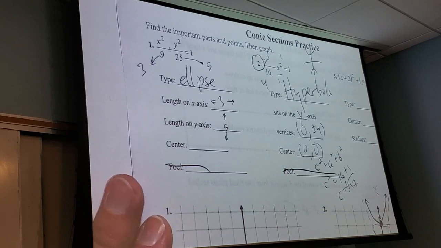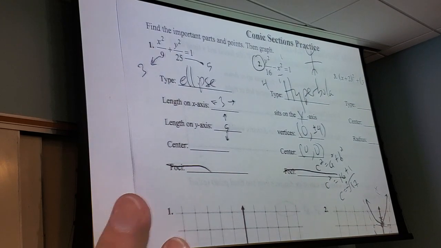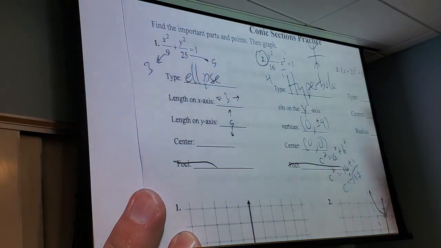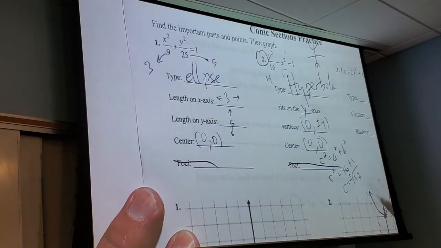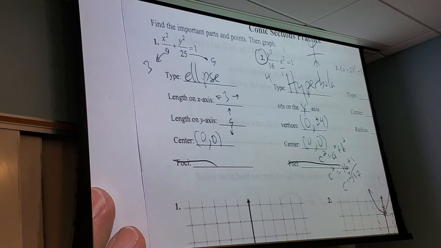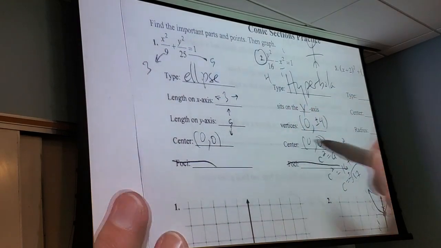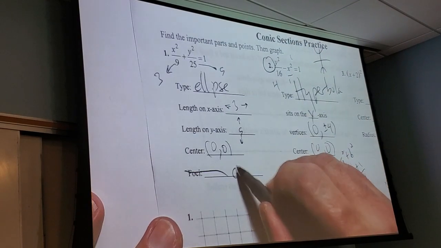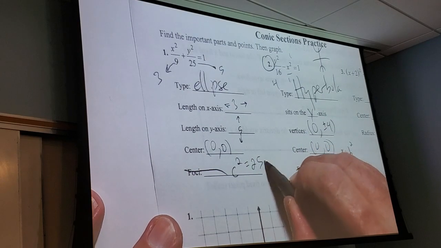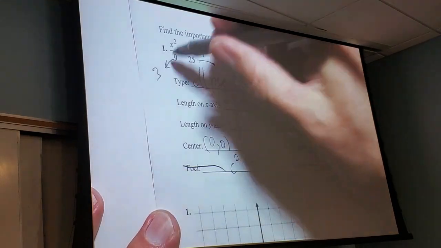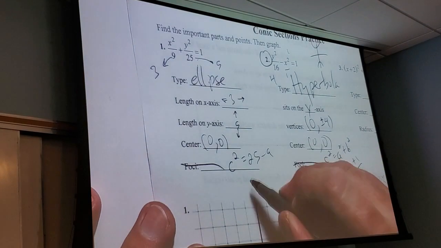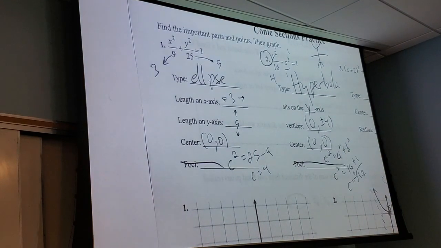And where's the center of this ellipse? Yeah, it's not been shifted at all. And again, if you wanted to do the foci, it would be c squared equals 25 minus 9. c squared equals b squared minus a squared. Right, so c would be 4, but I'm not going to focus, here's my pathetic joke that it didn't even mean, I'm not going to focus on the foci. Don't worry too much about the foci at the moment.